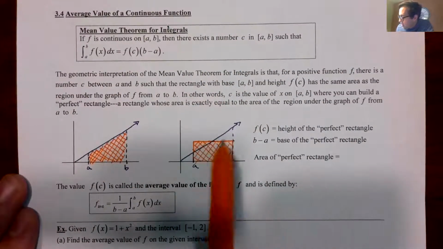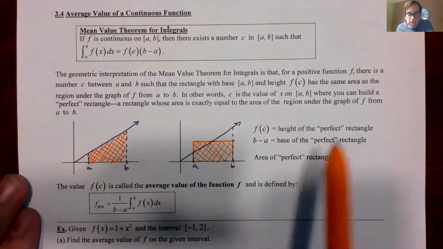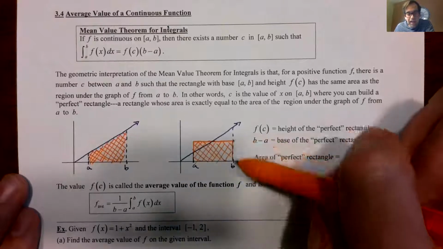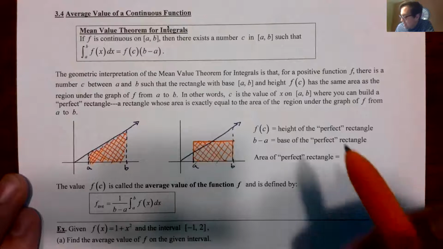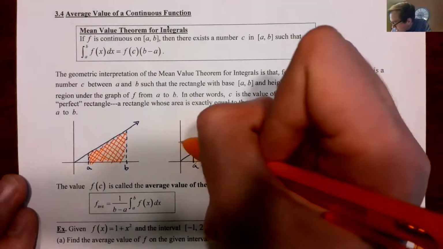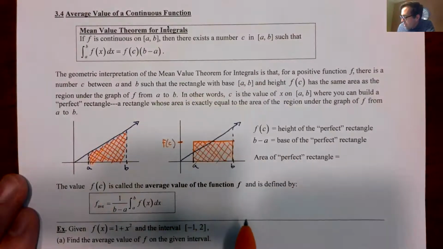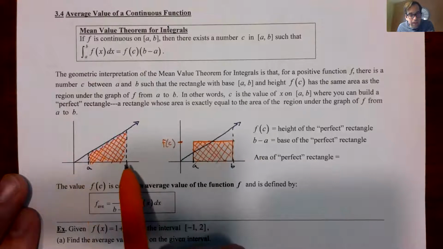So you can see that the two orange regions have the same area, but the second region is a perfect rectangle with the width from a to b, and the height here is kind of magical because it's telling us on the y-axis what we are calling f of c, which is the average value of the function. It is the average y value from an x value of a to an x value of b.